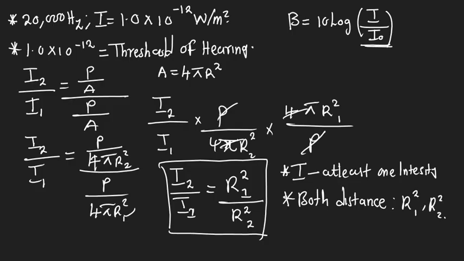Yes, we can calculate any of the intensities, given the r2, r1, or we can calculate the distance as long as they want you to calculate the distance given the intensity. If you want to calculate the distance given the intensity, this is the formula to use.